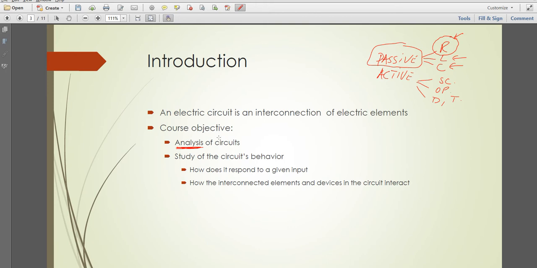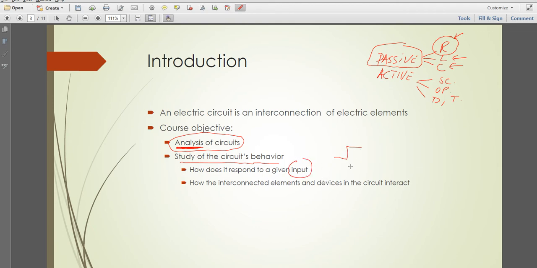So the objective is to analyze the circuit, not to design, by using mathematical equations. At the same time, by analyzing this, you can study the behavior of the circuit itself. Now, how will our circuit behave once it is supplied by a certain input?